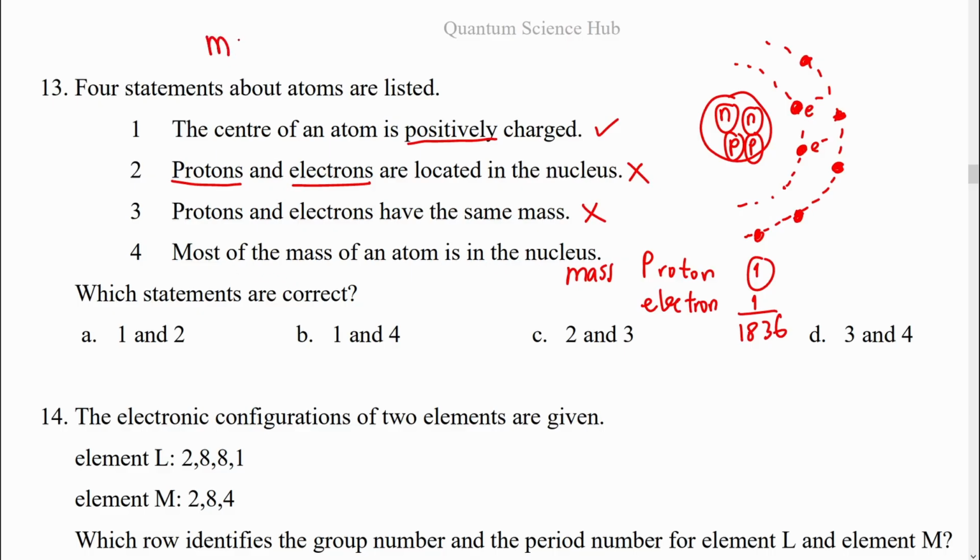If you still remember the formula, mass equals P plus N, proton plus neutron. Yes, that is the mass. Because it is located in the nucleus, which is proton plus neutron, most of the mass of an atom is in the nucleus. Yes, that's correct. So we know the correct answer here is 1 and 4. So the answer here is B.